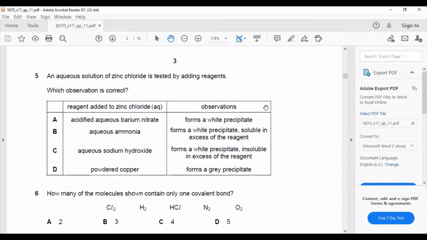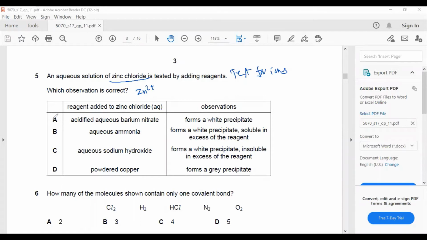5. An aqueous solution of zinc chloride is used in a test for ions. This question is about tests for ions. Zinc chloride means basically this test is for the zinc ion.